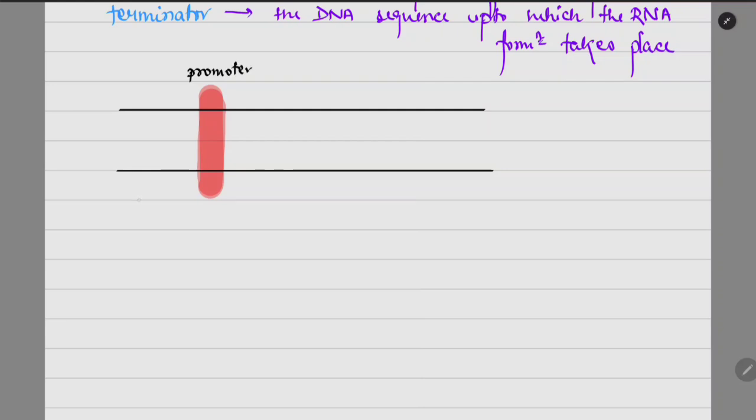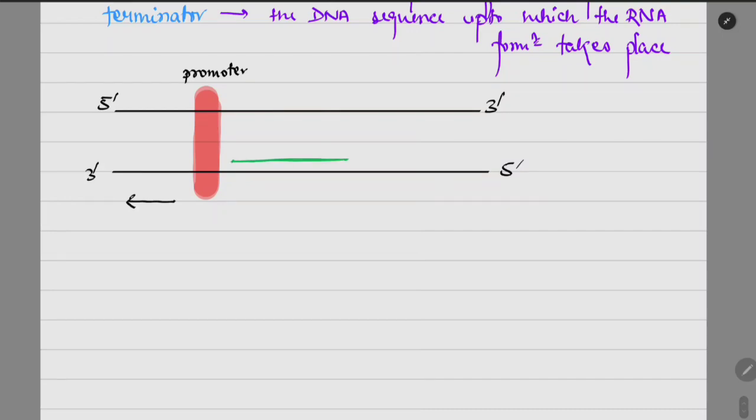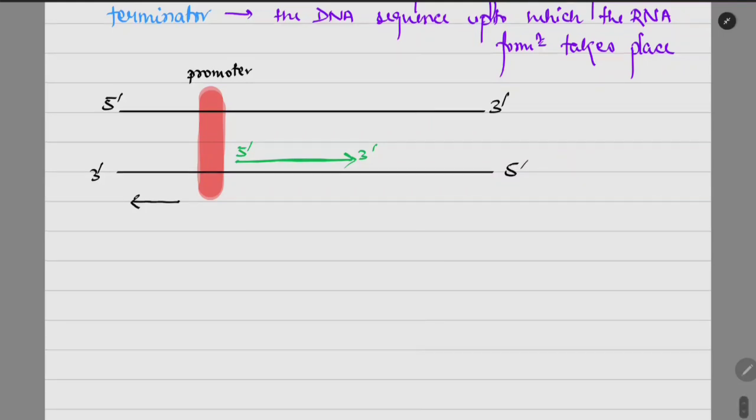Before this, I have missed one part: this is the 5 prime, this is the 3 prime, this is the 3 prime, and this is the 5 prime. If I take the RNA forming in this way, 5' to 3', so this will be the template, and this is the coding strand.